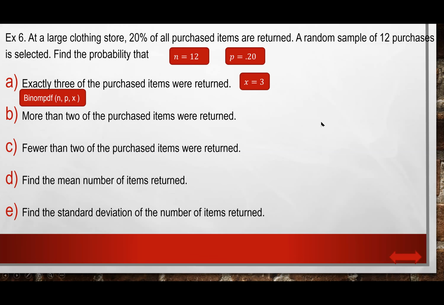So this is the item we have in terms of the binomial PDF versus binomial CDF. And again, the only time we're using PDF is exactly at something. If it's more than or less than, we use the CDF.